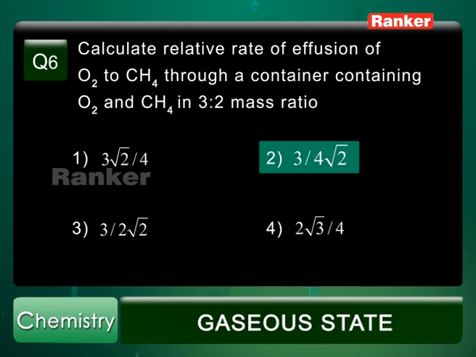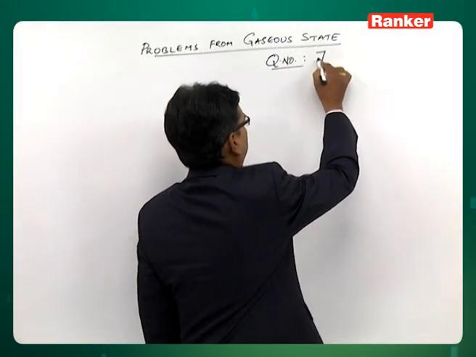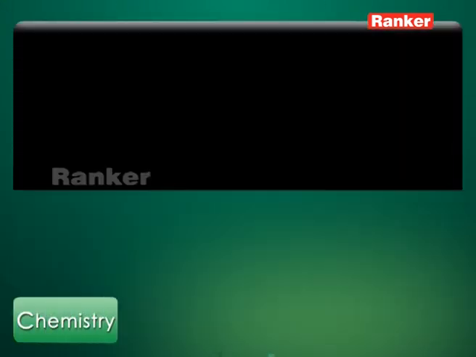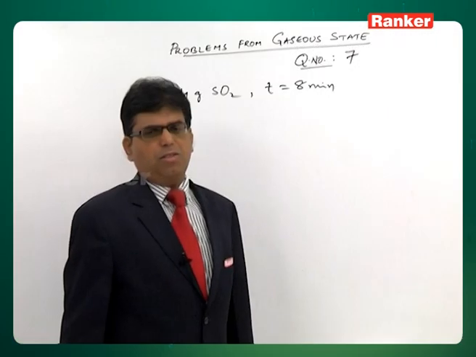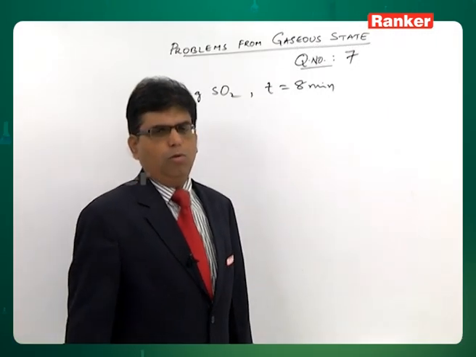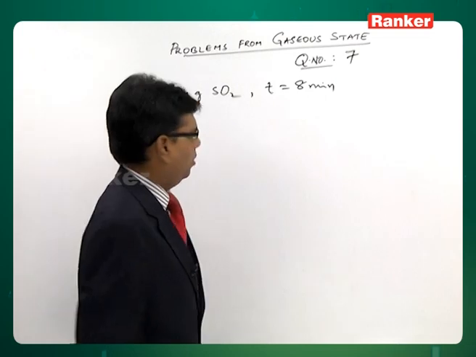Now, let us go to question number 7. It says 4 grams of sulfur dioxide gas diffuses from a container in 8 minutes. Time of diffusion is 8 minutes. The mass of helium gas diffusing from the same container over the same time interval is?